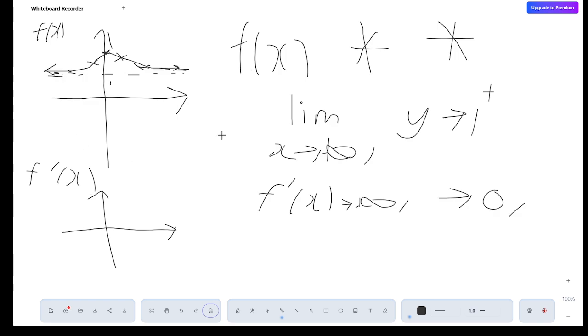But a y asymptote can change dramatically. For example, if you have x over (x plus 1) squared, you could differentiate that and you'll find a whole different function using the quotient rule. This is why you don't need to include the asymptotes in your derivative graph.